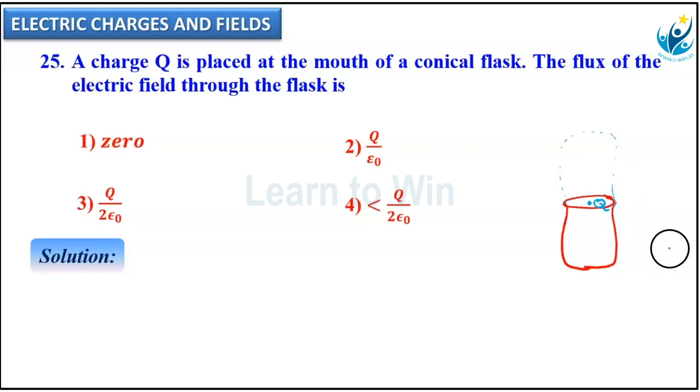The total flux here is phi equal to Q by epsilon naught.